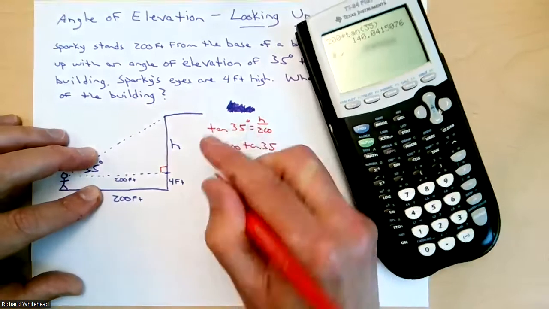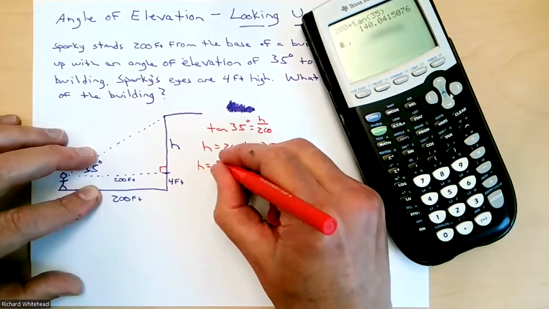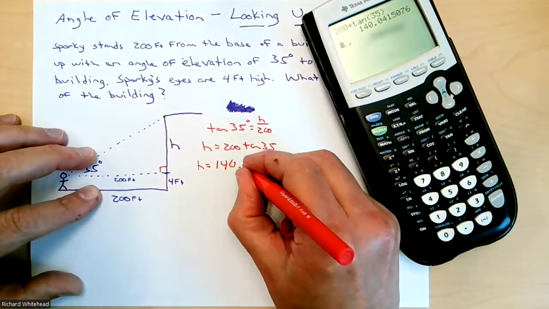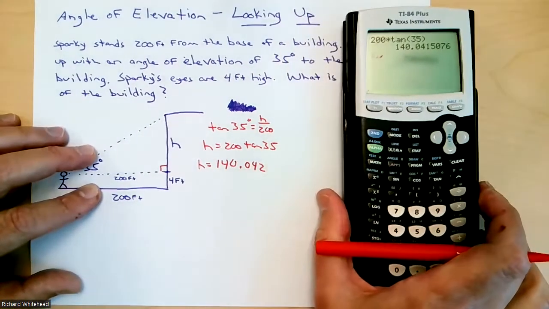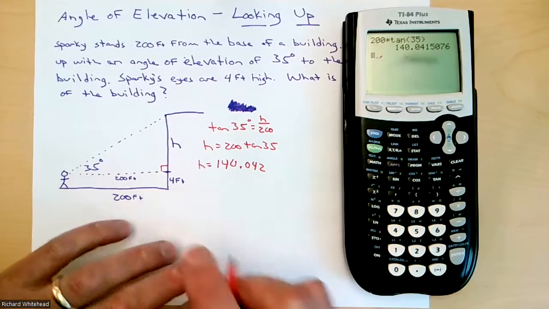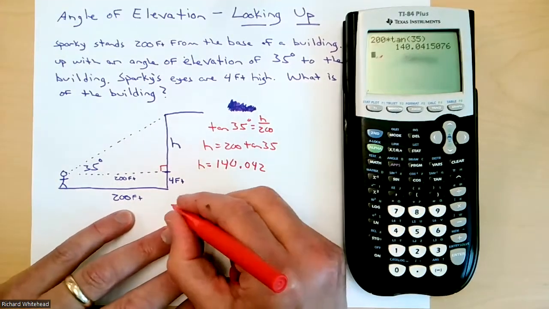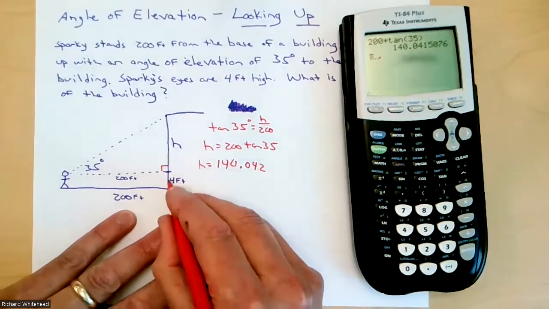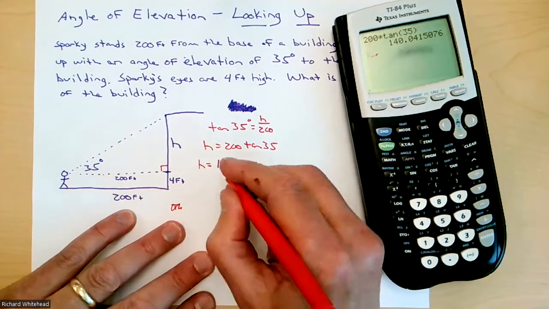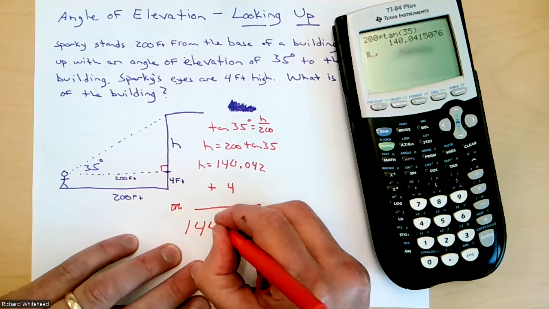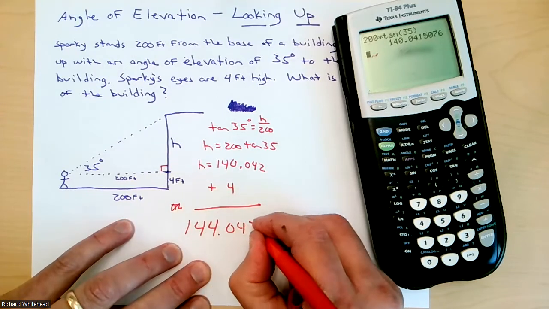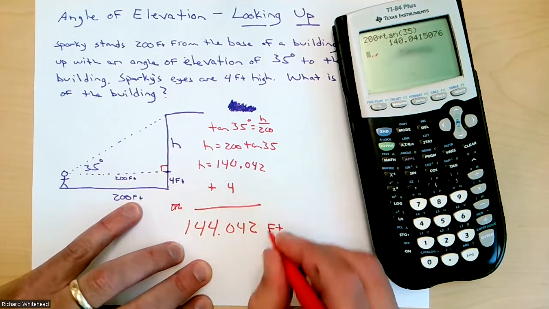So we get 140.042. If we round to the third place, 140.042. So then you'd say the total height, well, you still got that 4 feet right there, if you consider in Sparky. So 144.042. And since our units are feet.